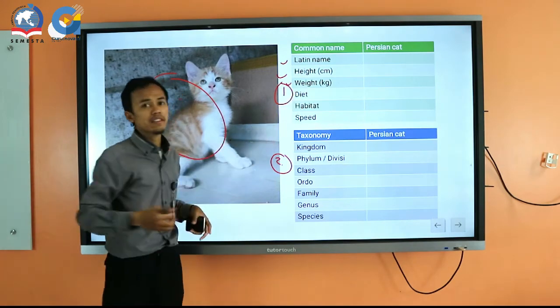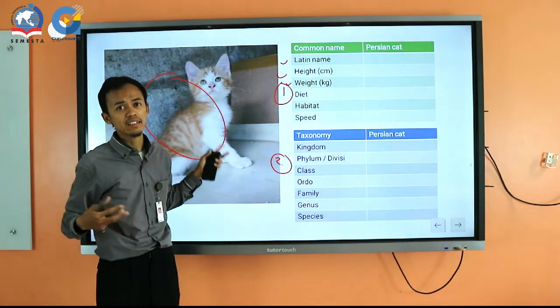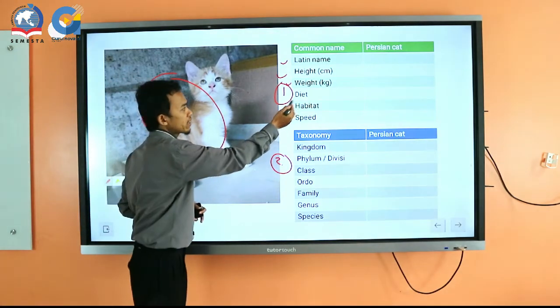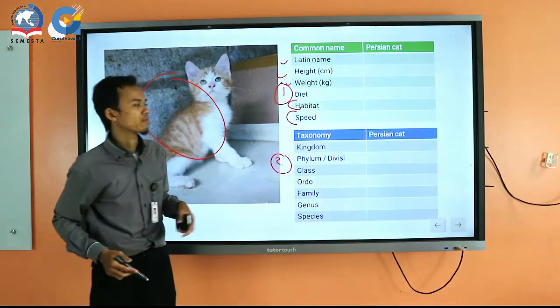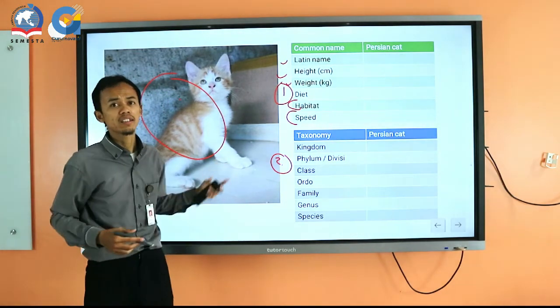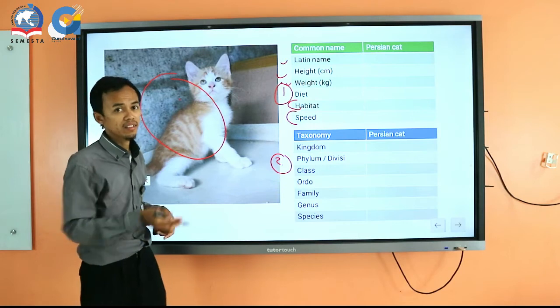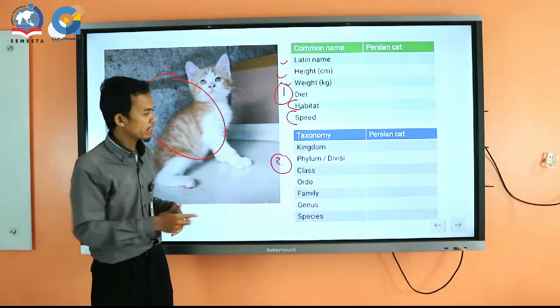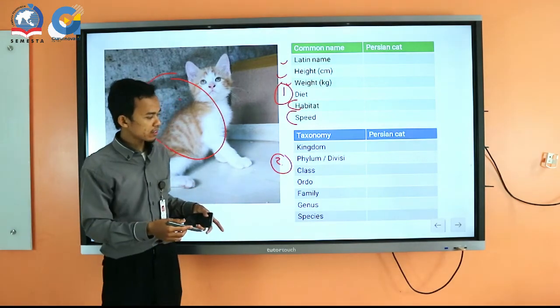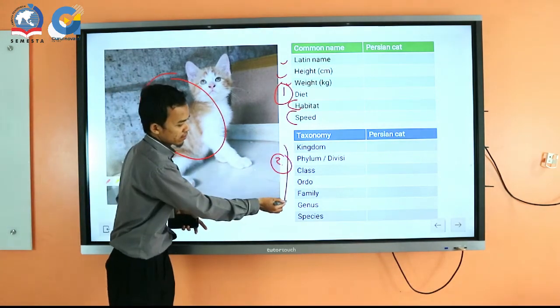Then diet, which means the food that the cat eats, like meat or fish. And habitat, and speed or movement, the living things characteristics that you learned in the previous class last year. And the second table is the taxonomy. You write from kingdom to species.